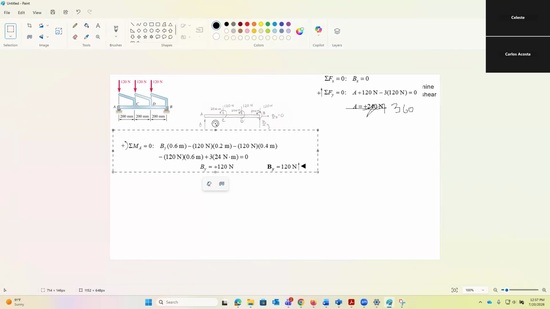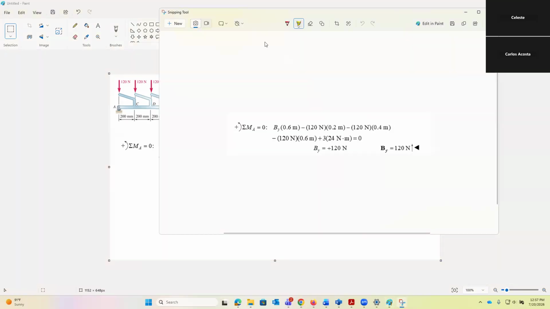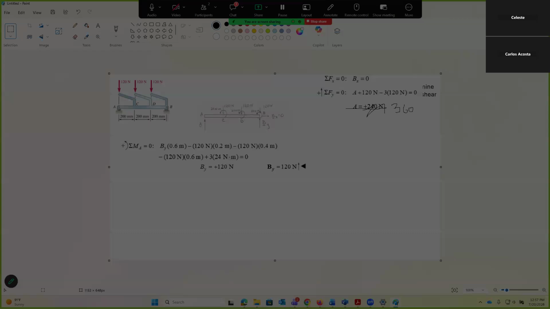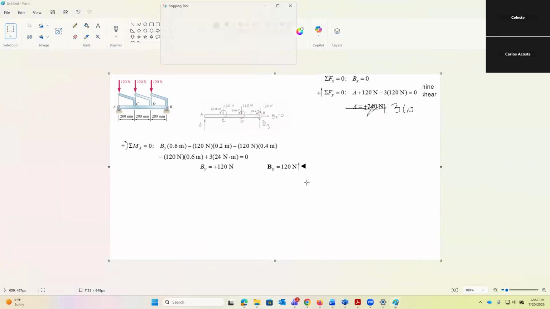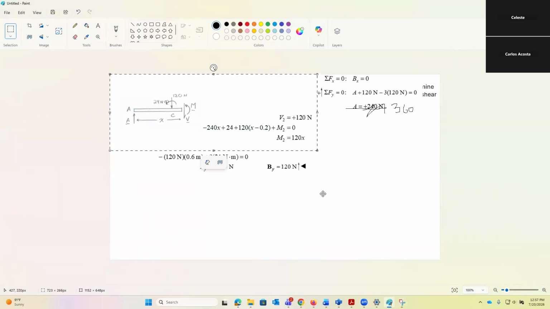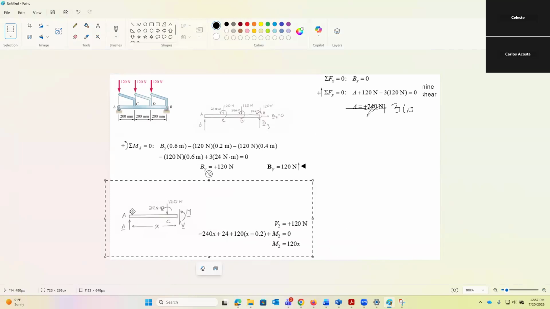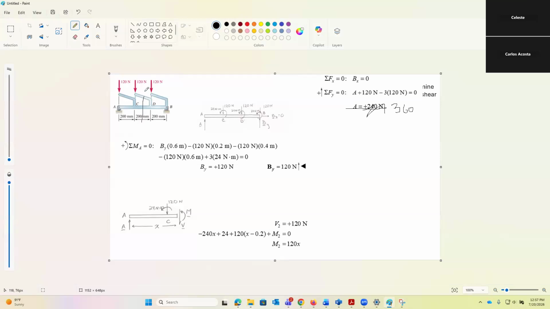And with that, you can create a method of sections. If you do a cut right here, for instance, you transfer this 120 here to point C, and you use the X variable again to be able to plot any point you want.